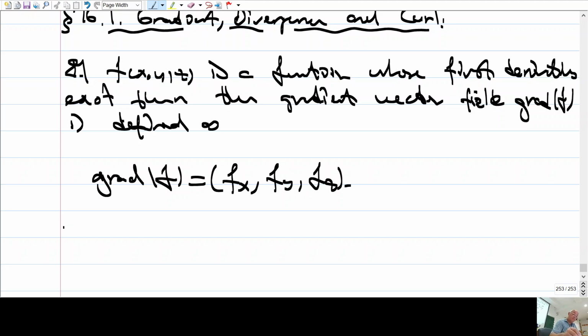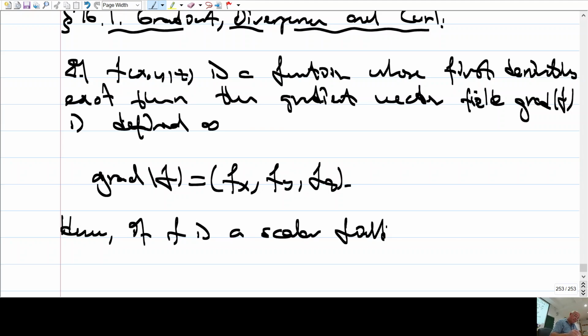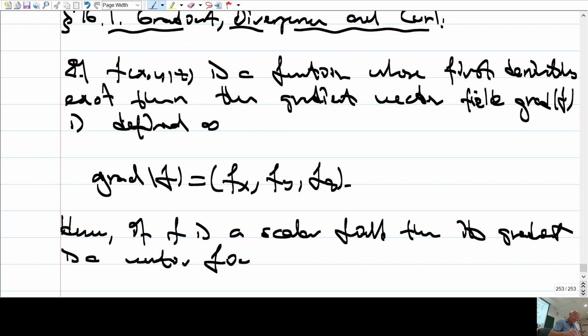So hence if f is a scalar field, so it's a function, real valued function, then its gradient is a vector field.